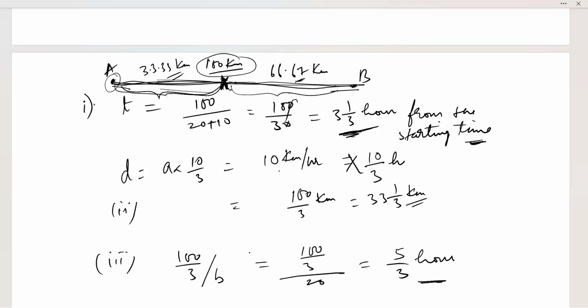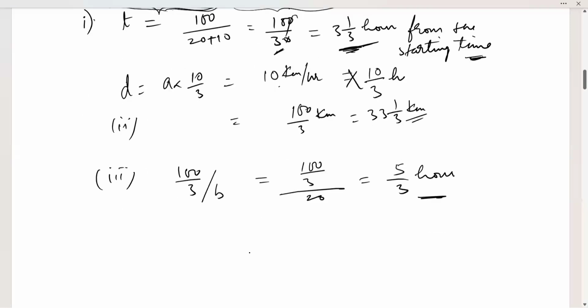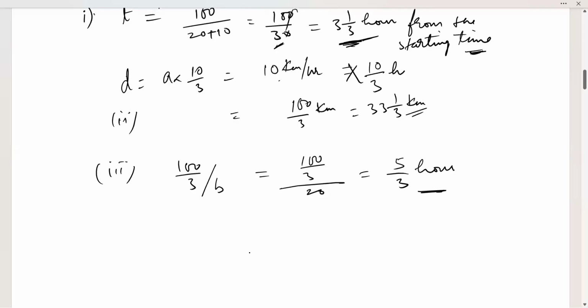This is the time that B will take further. Okay. Now, what is the total time taken by B? That is 10 by 3 hour. So 5 by 3 plus 10 by 3 equals 15 by 3 equals 5 hours.